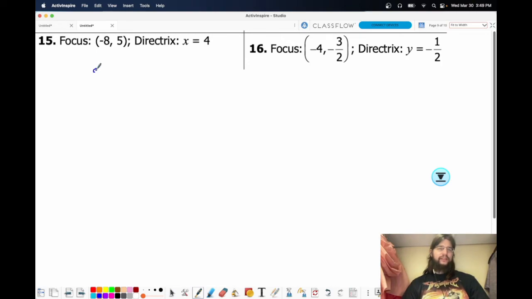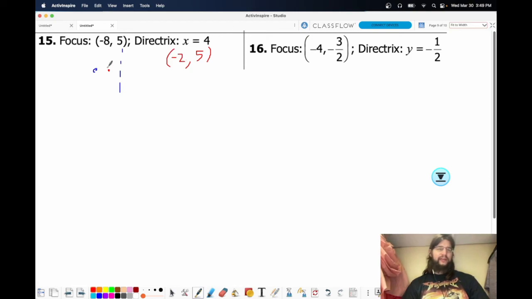Focus here. Directrix x equals 4. 4 is to the right of -8. So vertex has to be between those two. So the x value is changing, y value is not. In the middle of -8 and 4 is -2.